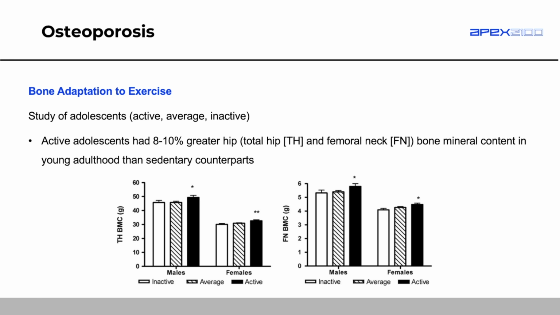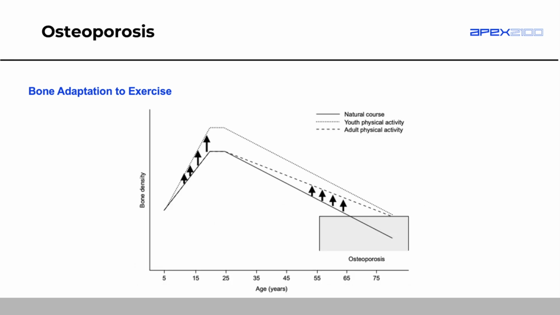So you can see that active males have much higher bone mineral content in the hip, and active females also much higher bone mineral content in the hip. Same thing for the femur. Males and females who are active had greater bone mineral content within that femoral neck. So being active definitely increases the bone mineral content within our skeleton.